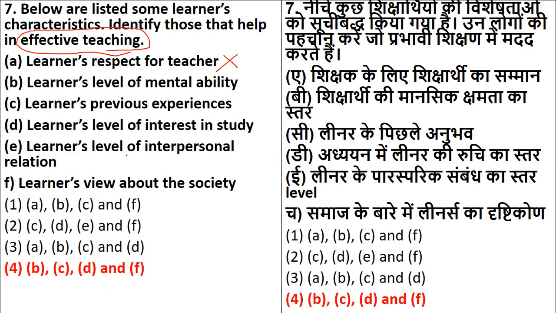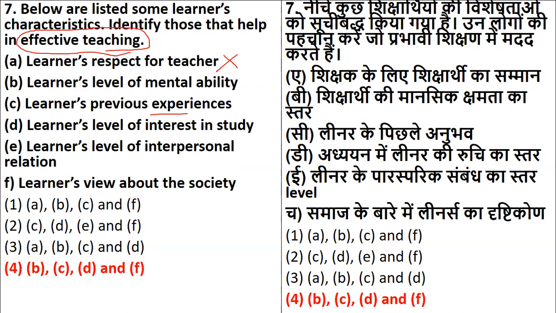Learner's level of mental ability, yes, how easily he grabs, how faster he grabs the things. His mental ability, yes. His previous experience, yes. What the learner knows, and through which the teacher has helped him to connect it and gain the experience. Learner's level of interest, yes, his willingness really matters a lot. Learner's level of interpersonal relationship.